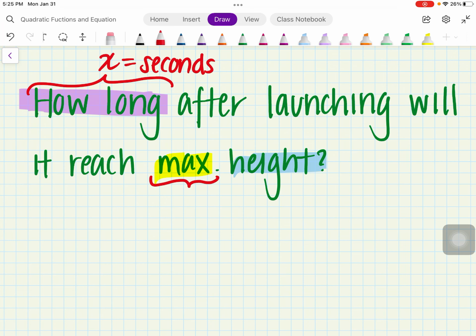Now, whenever we're talking about maximum, we're talking about our vertex. So once again, guys, if it's the maximum here, we're down to 2 points, whether it's going to be the X coordinate or the Y coordinate. In this case, since they're asking for how long, they're asking for time, they're actually looking for X. So they're basically asking us what X value gives us our vertex.